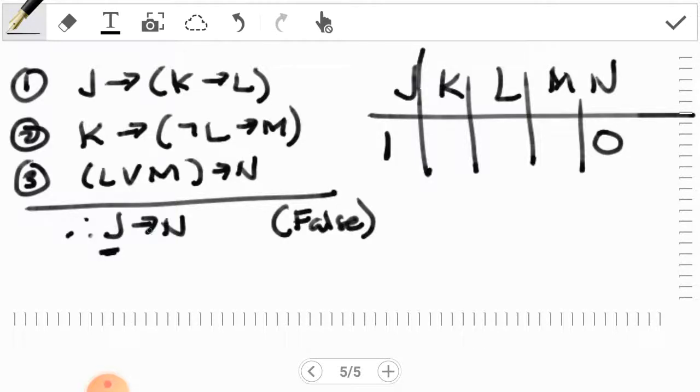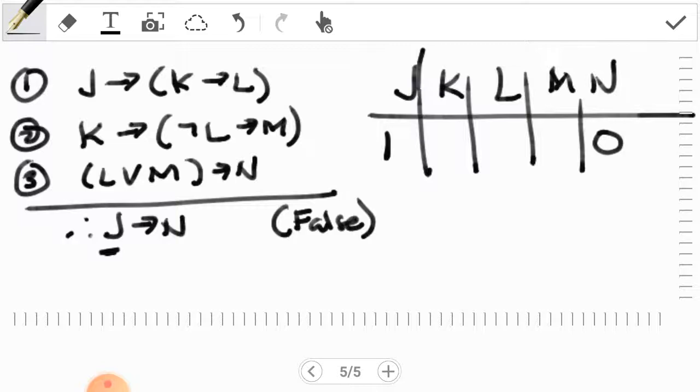True implies false gives a value of false. So we have J as 1 and N as 0. Now let's go to our premises. We want each premise to be true.